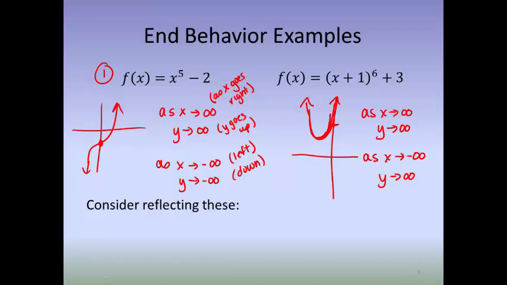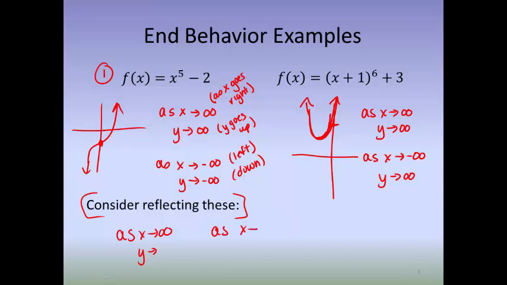The last thing we're going to consider is what if you reflect these? What if you flip it over? So I want you to think about that on your own, and think about how would you write it. And I'll tell you, your x part stays the same. So as x goes to positive infinity, I want you to describe what y is doing.